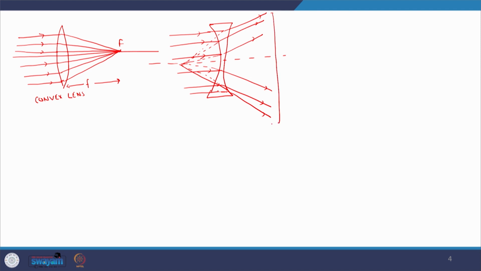These rays are diverged rays, but if you extend them back, then they meet at a point F on the axis. This is again called the focal point, and this distance is called focal length. Therefore, the first lens, which is convex lens, is called converging lens, and this concave lens is called diverging lens.